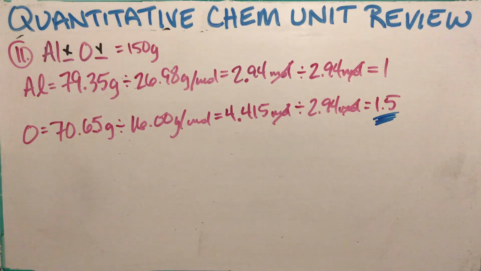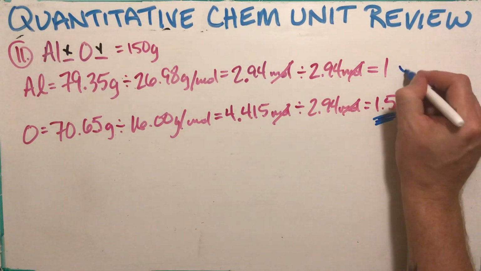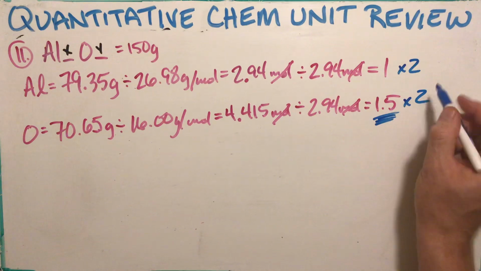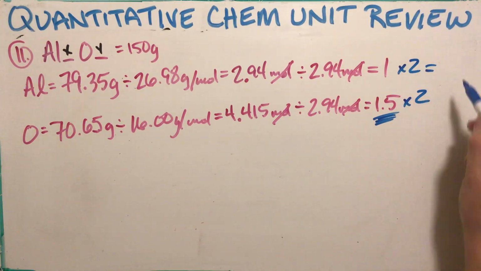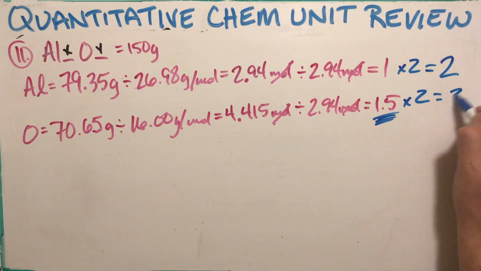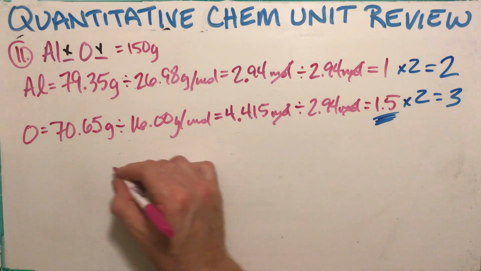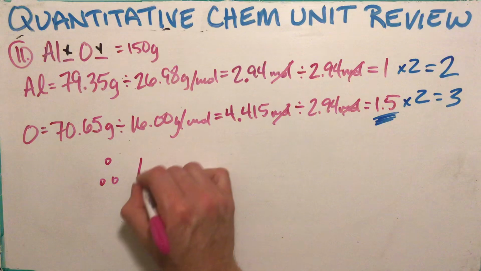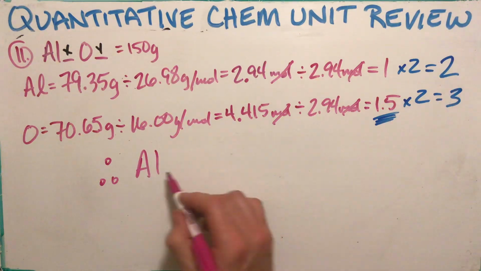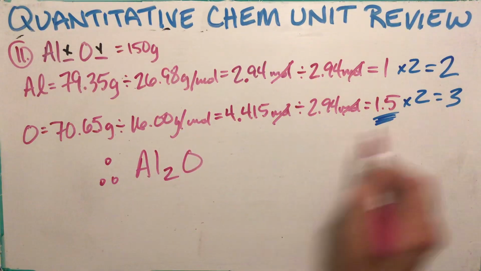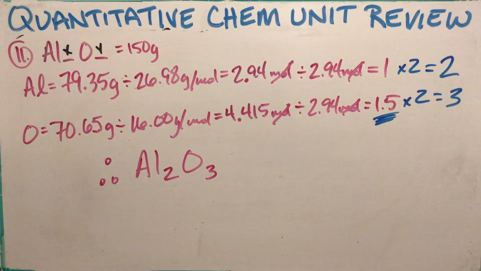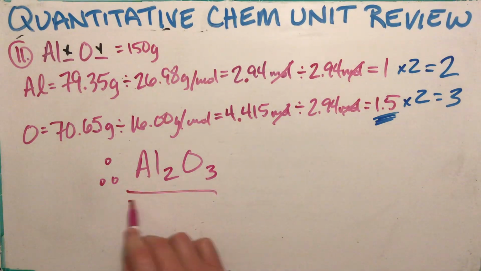So remember, with 0.5, what we do is we double it. But if we double one, we double the other. So this becomes 2, and this becomes 3. And those are my numbers in my formula. So therefore, the formula is Al2O3. Aluminum oxide, and that's my answer right there.